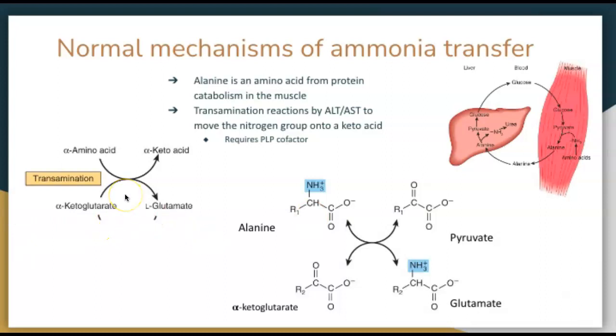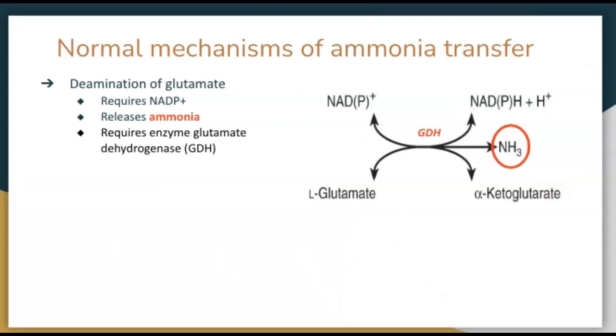So the far left is a picture of a transamination reaction, turning an amino acid into a keto acid and then alpha-ketoglutarate into glutamate. This other picture is an example with the names, alanine going into pyruvate and alpha-ketoglutarate going into glutamate. Next, glutamate, which was produced from the transamination reaction, will be deaminated.